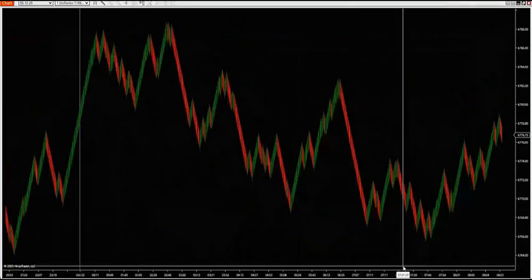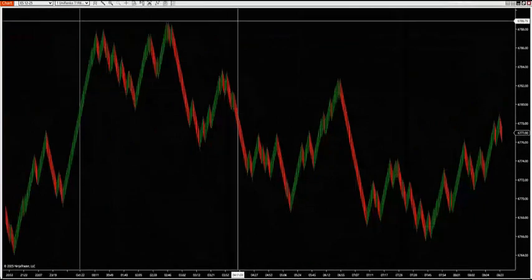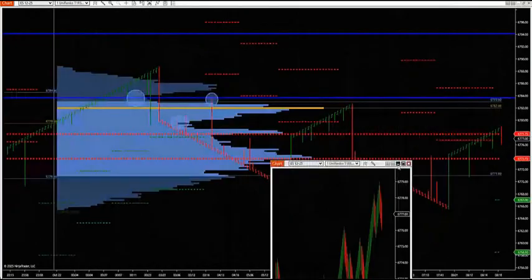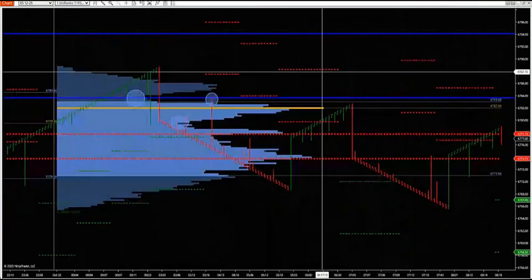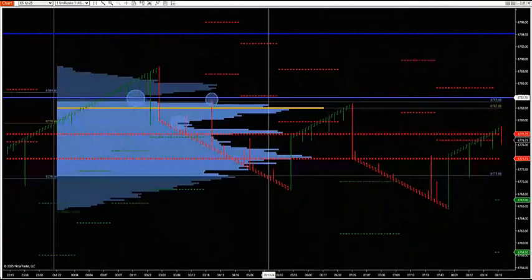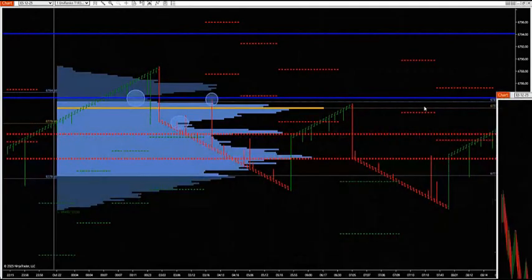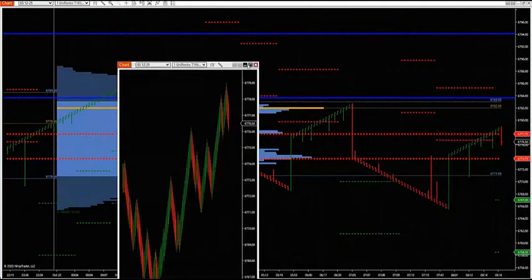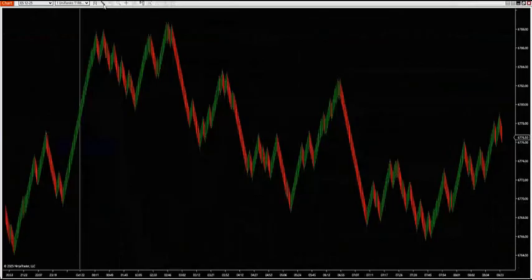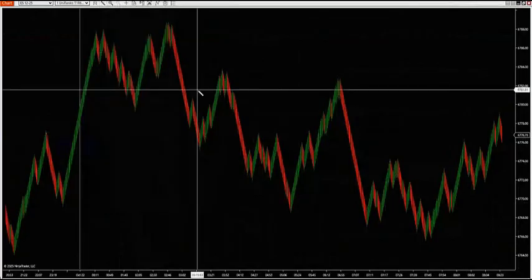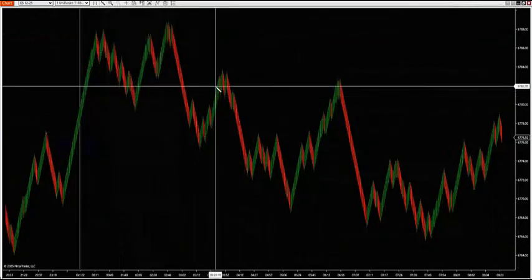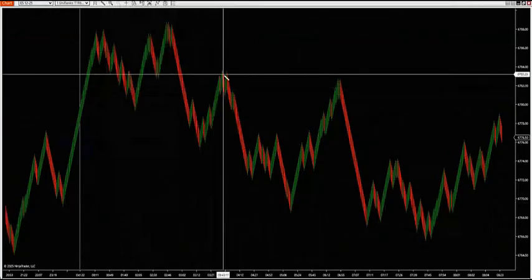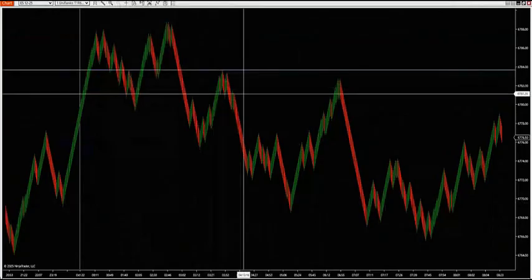What we can do is we can pull in. So here's a low volume node, right at, let me put these up here, the low volume node at what, 6? So 83 3/4. So those are low volume nodes. $83 3/4.